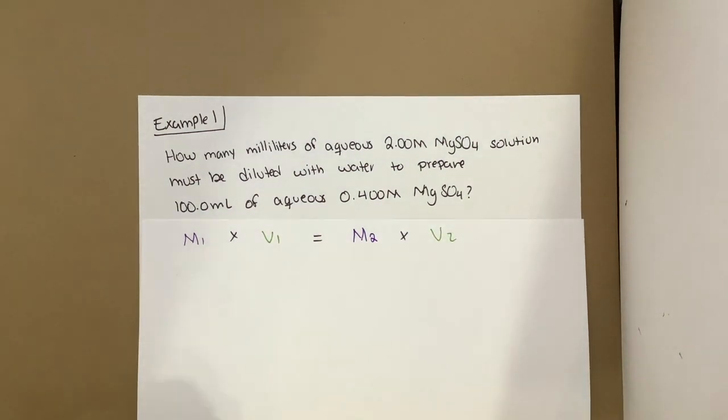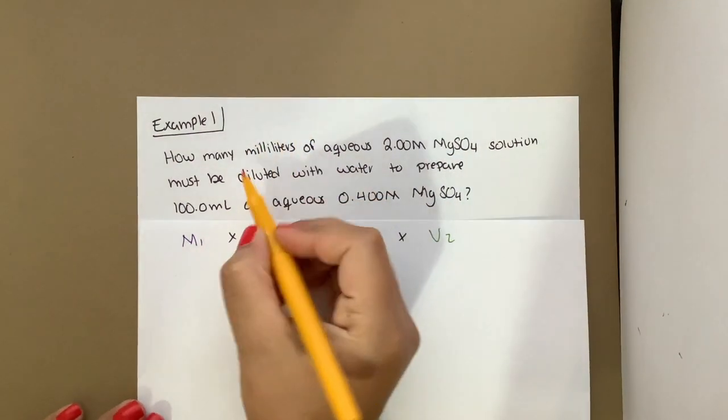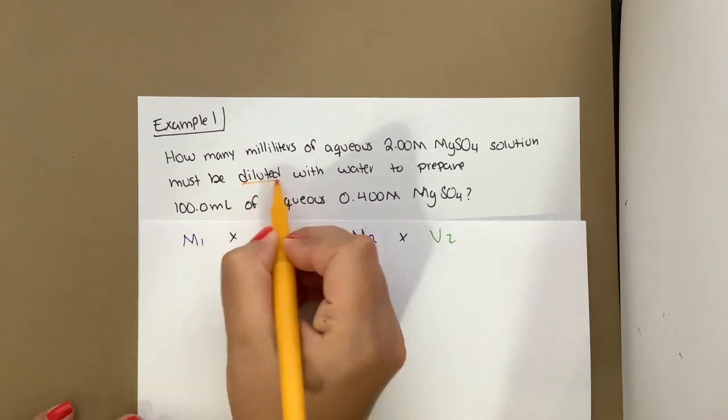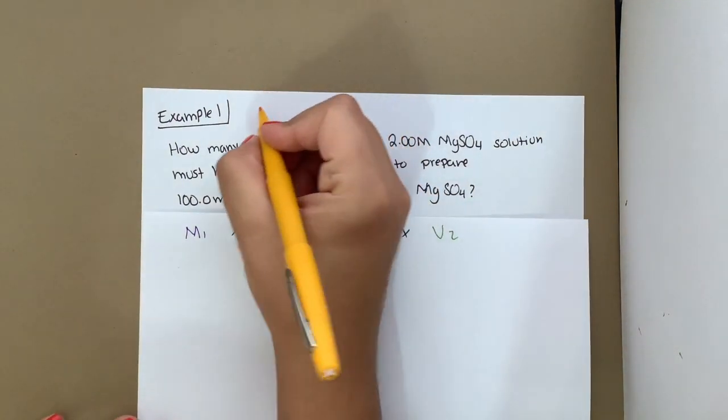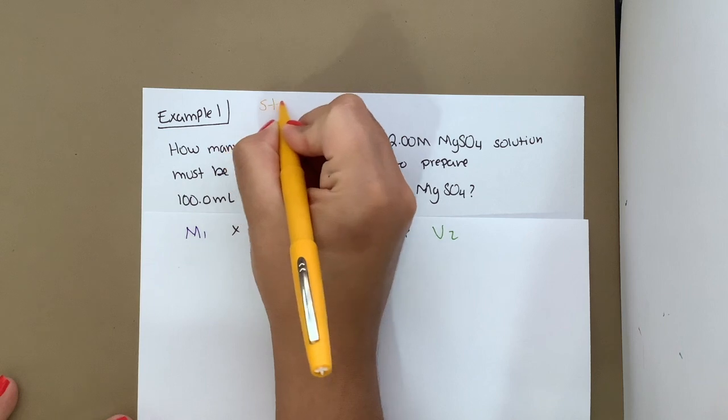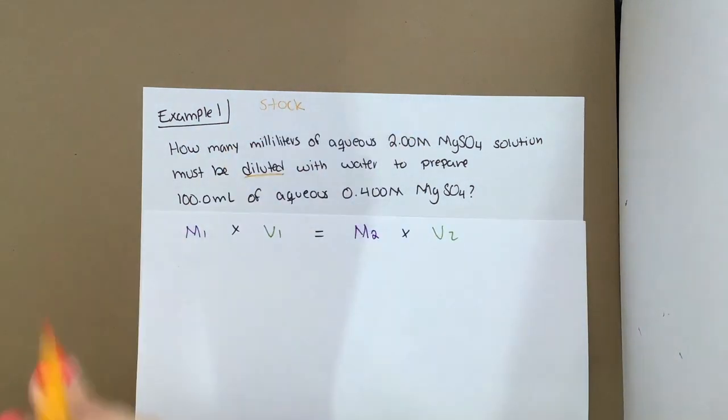There are a couple of key terms that you have to look out for. One is diluted. This tells you what the initial solution is and what the final solution is. Another word that is not in this problem, but that you might see in other problems, is stock solution. A stock solution is my original solution.